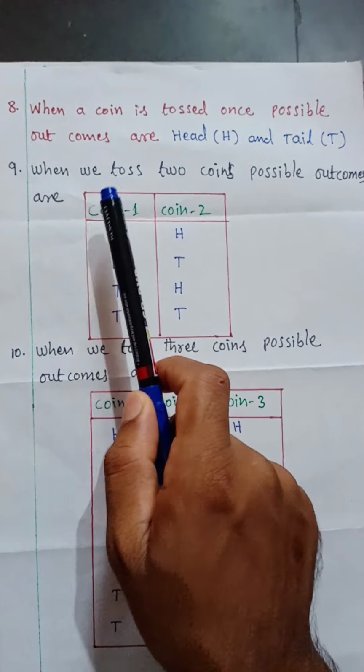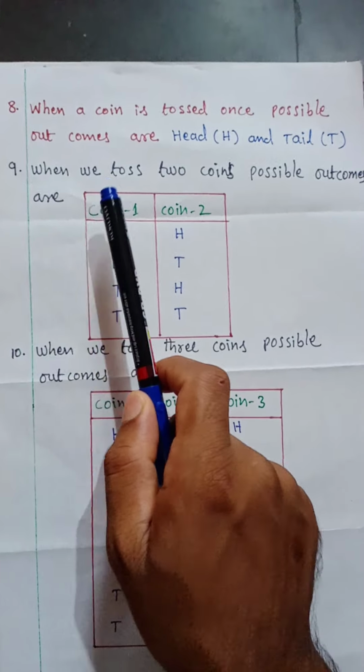So favorable outcomes equal to 1. Total number of outcomes means what here? 1, 2, 3, 4. Total number of outcomes is 4. Here also, total number of outcomes, how many are there? See, 8 are there: 1, 2, 3, 4, 5, 6, 7, 8.